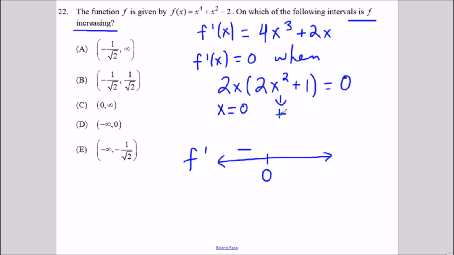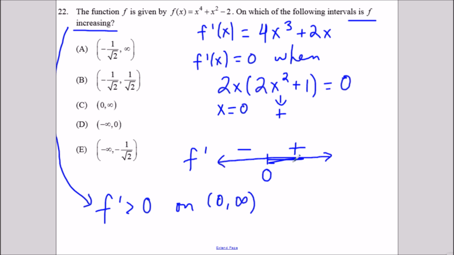If you plug in something like +1, you're going to have positive 2 times +1 is positive, times a positive factor is always positive. So if we want to know where is f increasing, f is increasing has the same meaning as f prime is positive. And f prime is positive on the interval from 0 to infinity, this part here. So this is going to give us choice C.